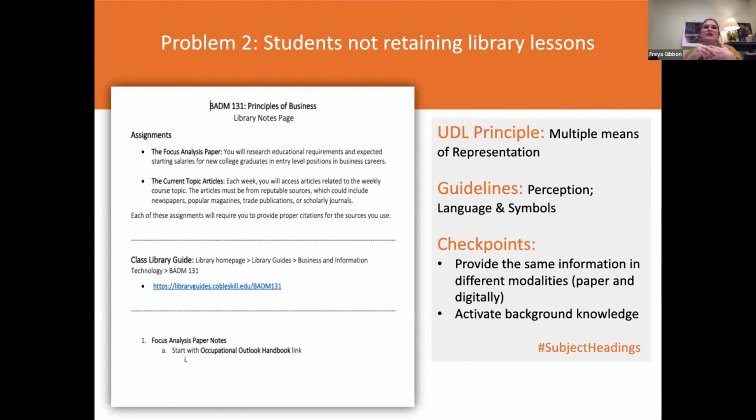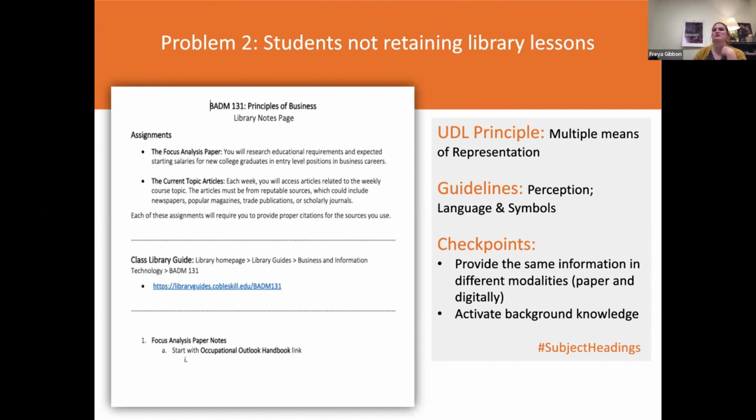So here's a new problem: students are not really retaining information that happens in library lessons. And the UDL principle of multiple means of representation basically states that because learners differ in how they perceive and comprehend information, you should try to offer maybe one more modality for information comprehension.